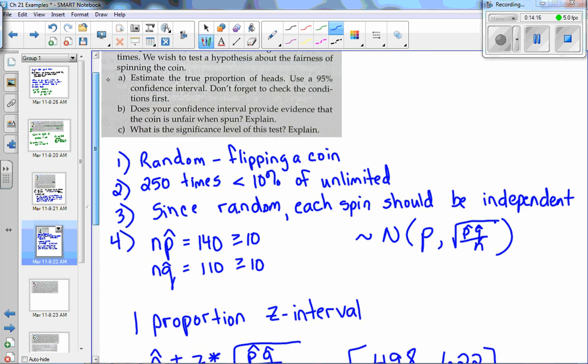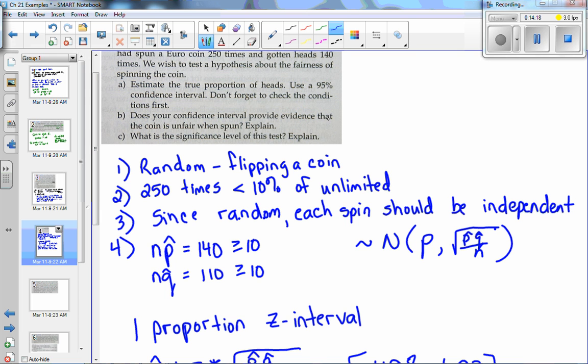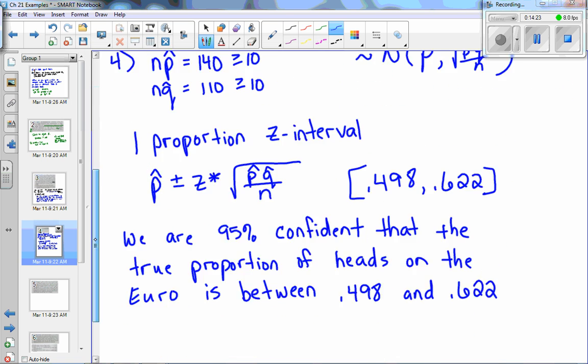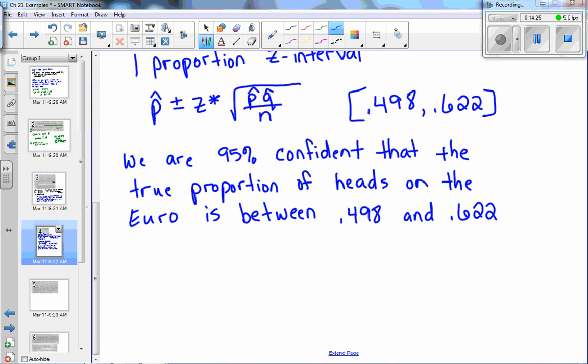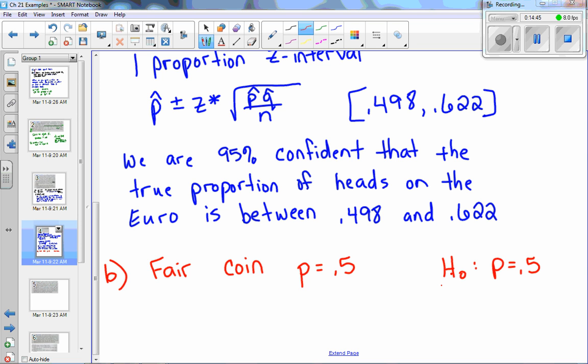Does your confidence interval provide evidence that the coin is unfair when spun? Let's think about what we mean by fair or unfair. If it was a fair coin, we would expect to find p equal to 0.5. So if we were doing a null hypothesis, we would say p equals 0.5, and our alternative, if it was unfair, would be p is not equal to 0.5 if we were doing a significance test.